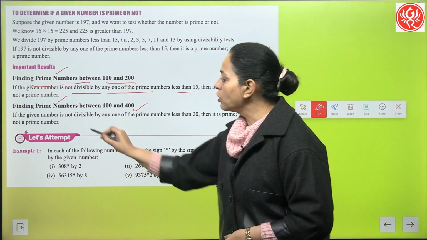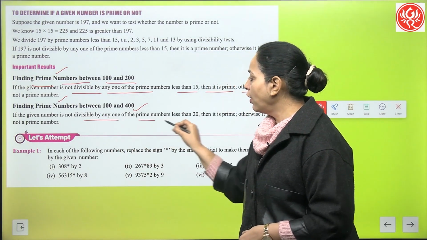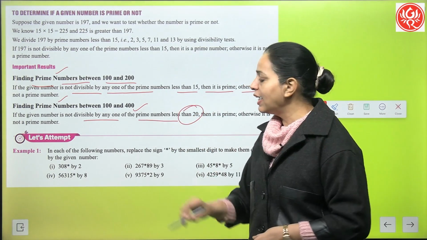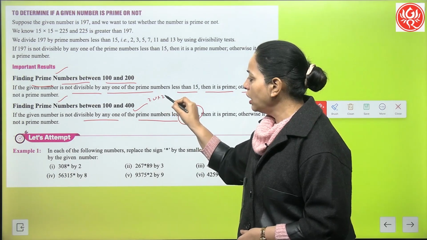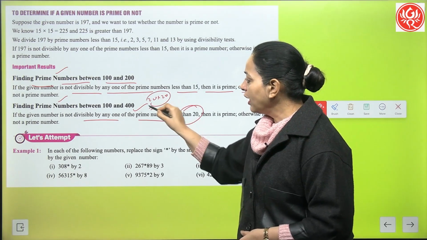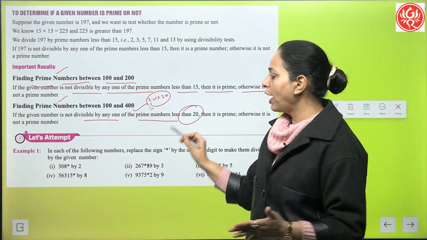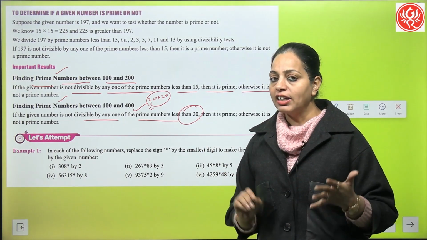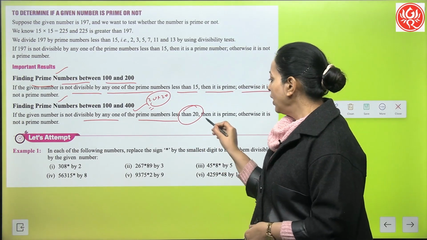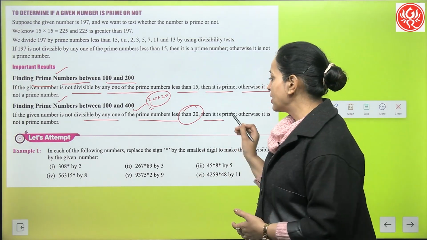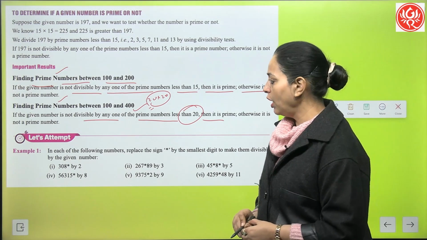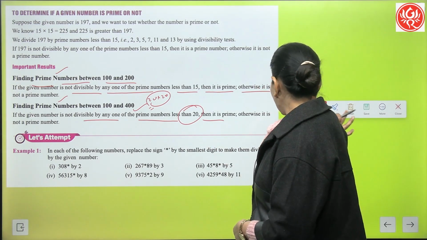If the given number is not divisible by any one of the prime number less than 20, because 400 is what? 20 into 20. तो हम क्या करेंगे? 20 से छोटे जितने भी प्राइम नंबर्स हैं उनके साथ डिवीजन करेंगे, राइट? Then if it is divisible, it is composite, otherwise it is a prime number. Okay, so like this we can find it out.